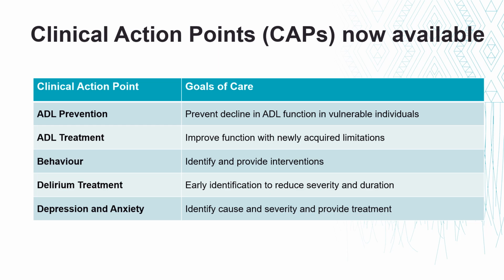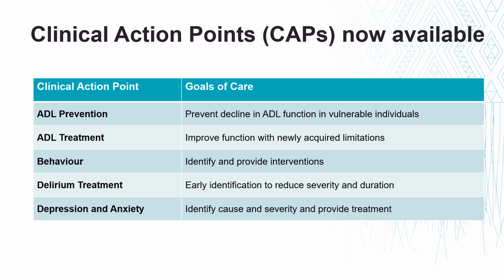The second is for treatment. This is where the person has a problem which is amenable to effective treatment. Further information on the clinical action points will be made available in Workbook Unit 5, which is found on the IL&D site. There are 10 clinical action points which will be covered.